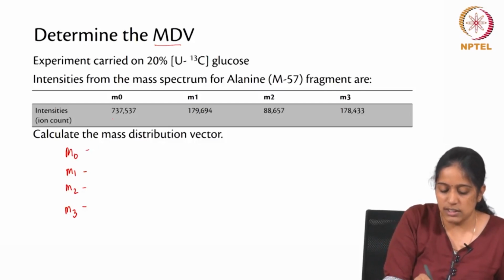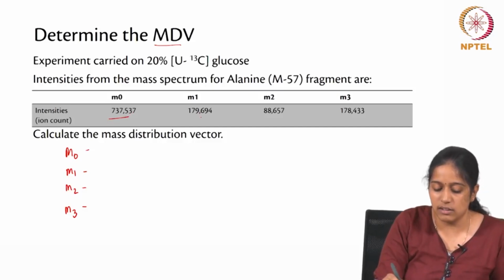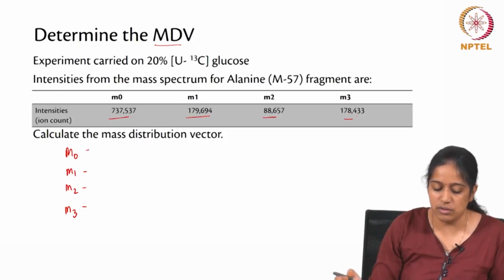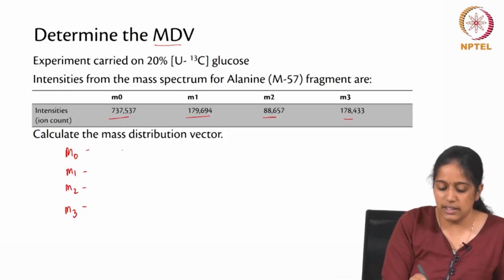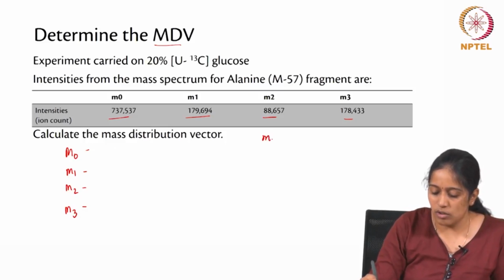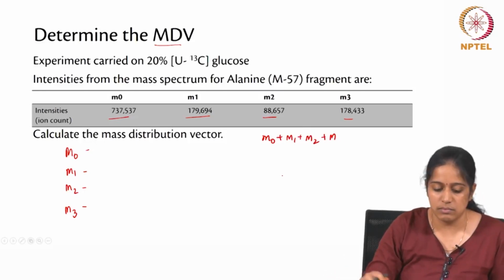So, this is 737,537, 179,000, and so on and so forth. To get the mass distribution vector, I simply do a sum of M0 plus M1 plus M2 plus M3.